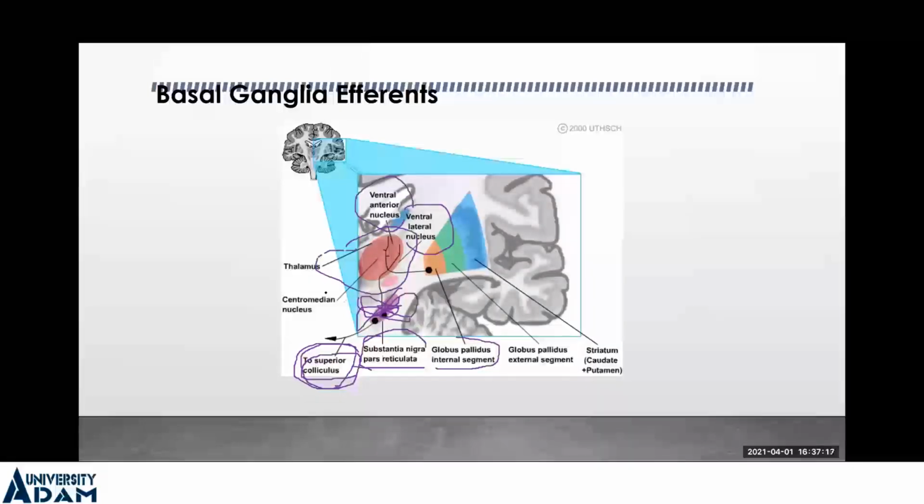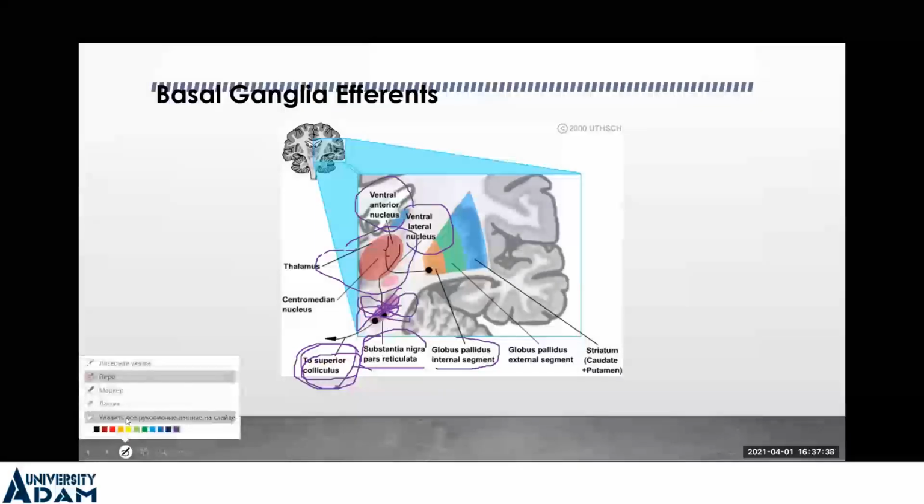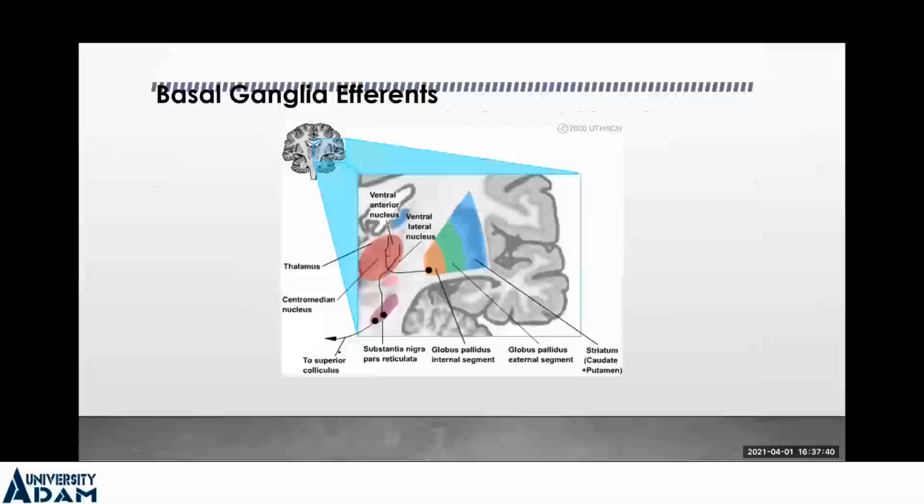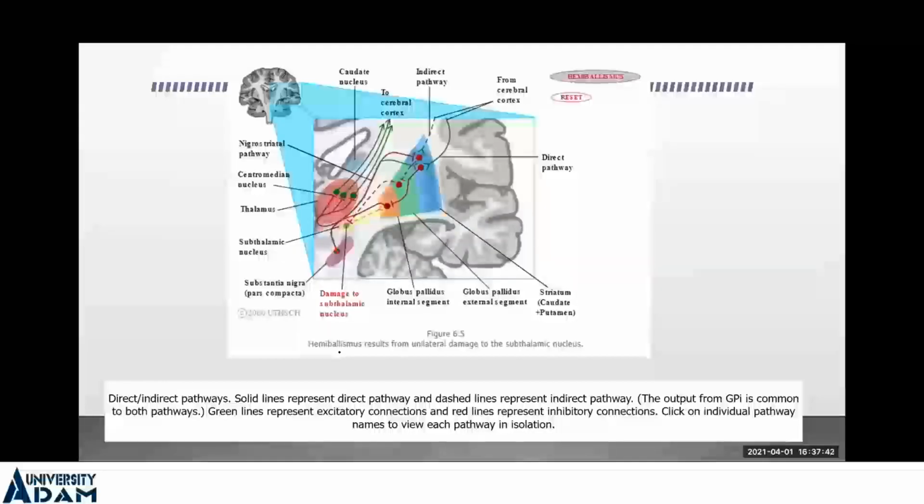That is because of the superior colliculus, and the ventral anterior and ventral lateral thalamic nuclei are also involved in eye movement, but not like the superior colliculus, okay. And here you can see that we have two pathways.